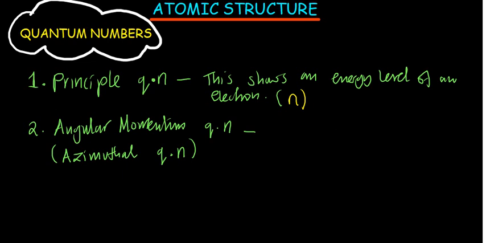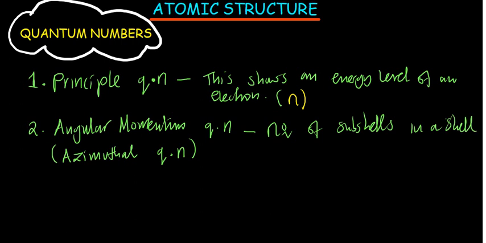This one tells us the number of subshells present in a shell and the orbital to which an electron belongs. So the angular momentum quantum number tells us the number of subshells which are found in a shell.